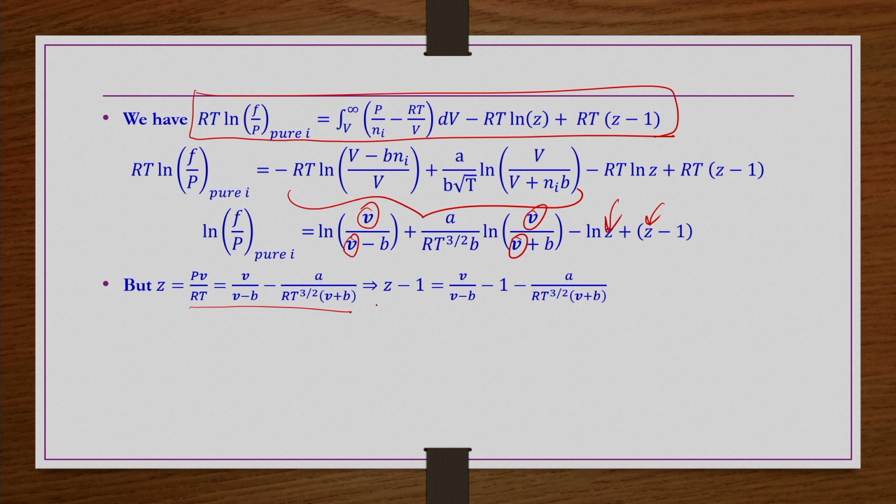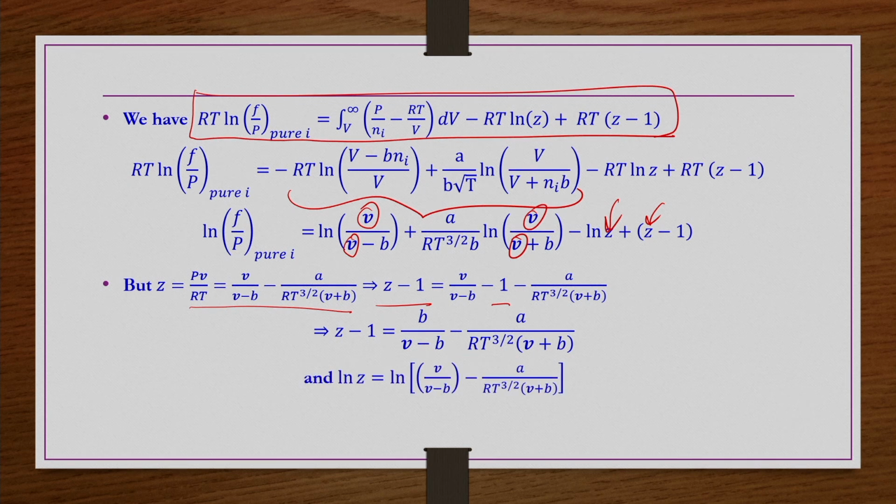Z minus 1 is nothing but this term minus 1. Okay. So, if you do the LCM you will get B minus V minus B as the first term, and then the second term would be as it is. Then ln z would be ln of V by V minus B minus A by RT power 3 by 2 V plus B, this is what you get.